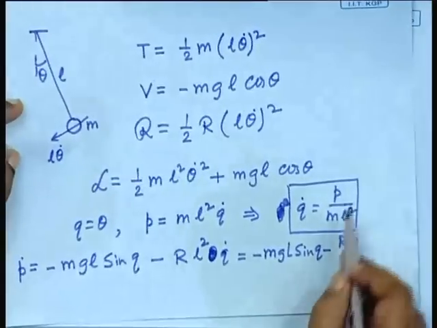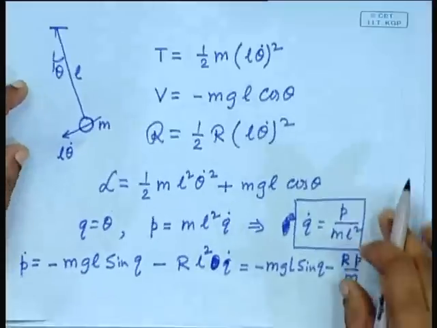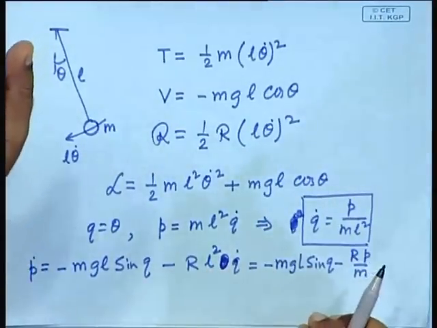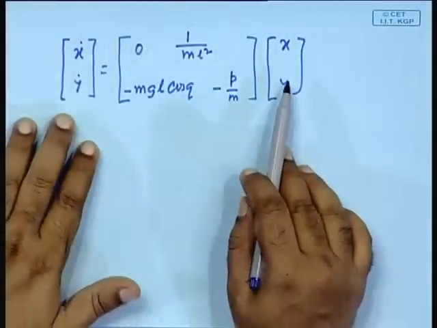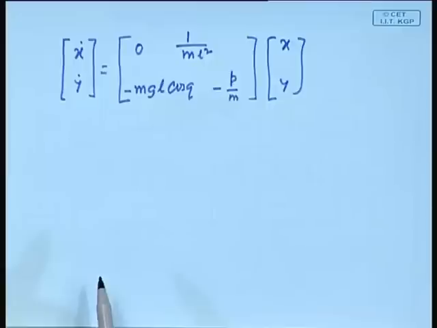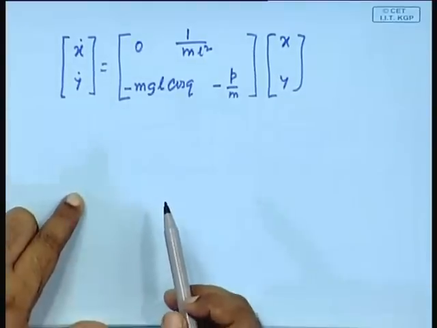So, the original equations were these. Now, we have locally linearized it, and we have written the Jacobian matrix equation like this. So, this is the local linear description of it.